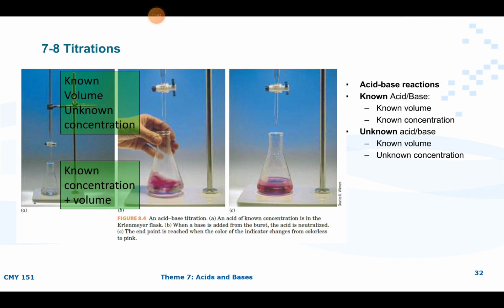Then we titrate that acid or base with another acid or base, but we have the volume that is known, but we don't know the concentration. We keep on titrating that until we see a color change if we're using a color-based indicator, or more often than not, we'll just use a pH meter. And then we can measure when the pH suddenly jumps and spikes and makes a drastic change.